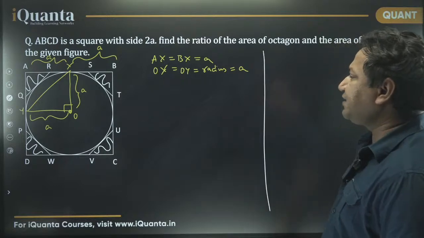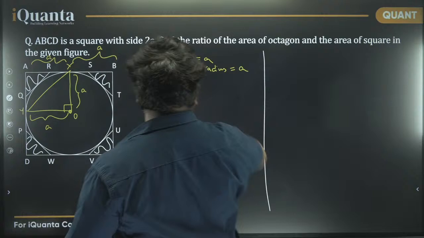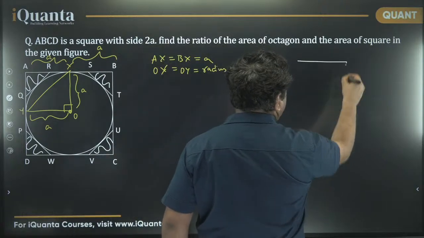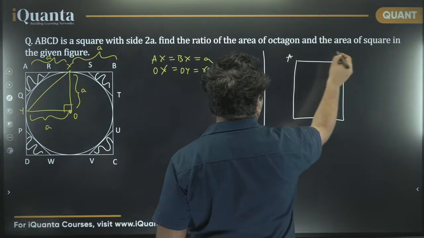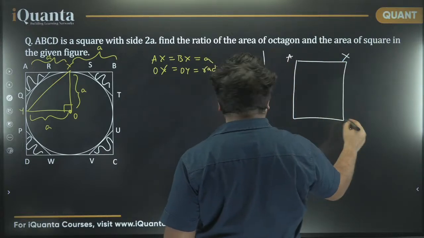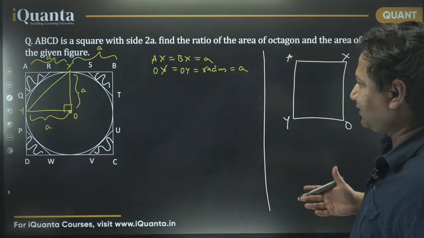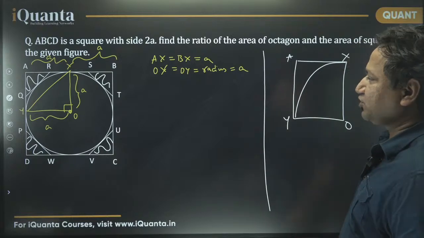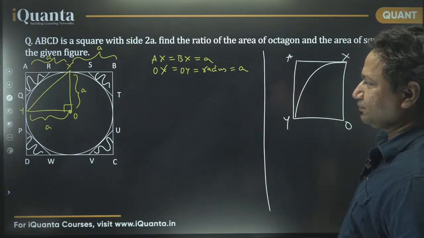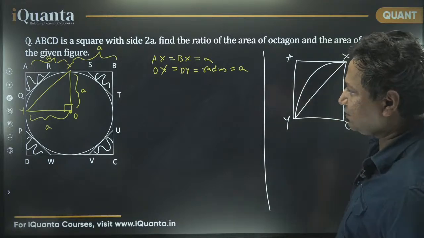And to understand it clearly, I'll chop a part of this and take it over here. यहाँ पे ले लेते हैं. So I took A, X, O, Y. I took this square out. All right. And here I have this. Is that fine? Then I have this XY.